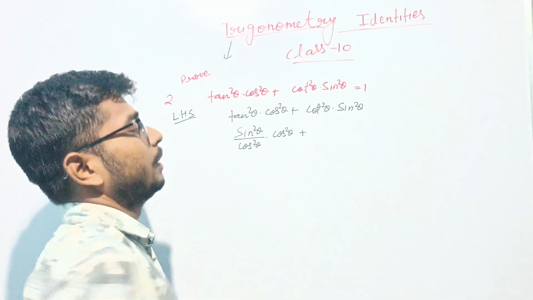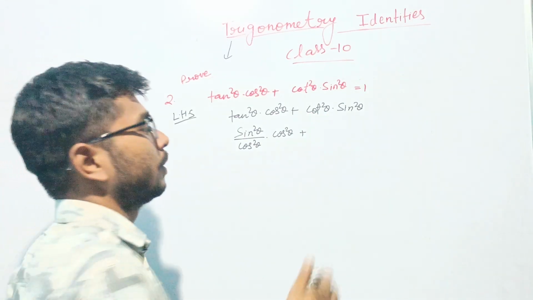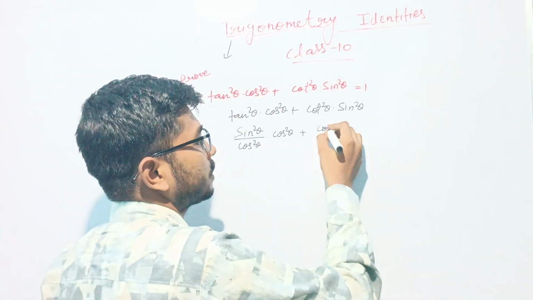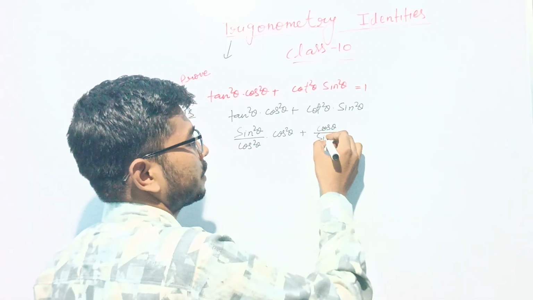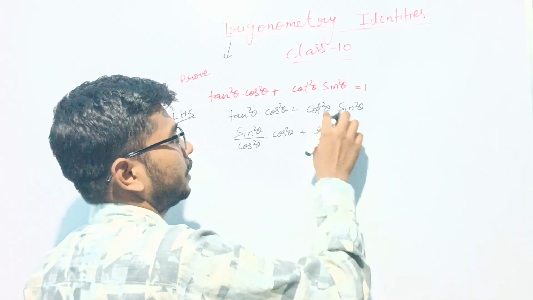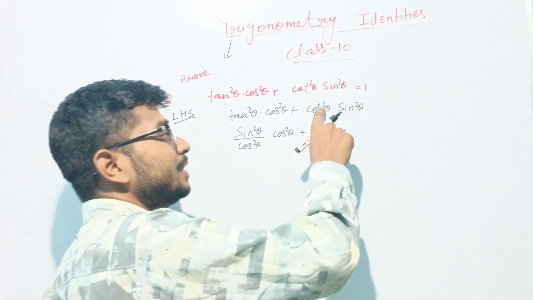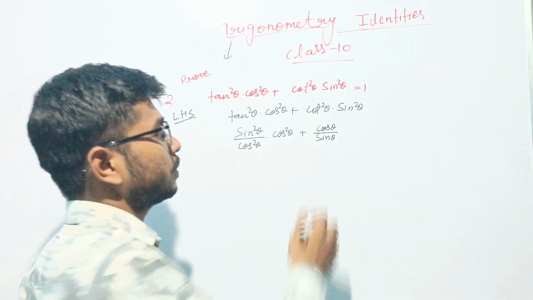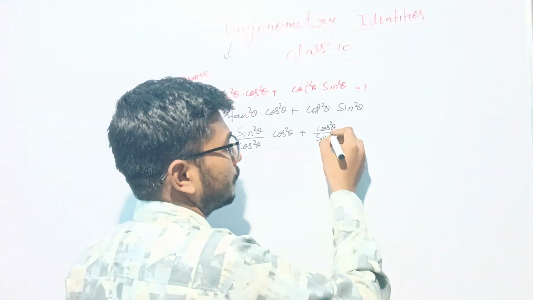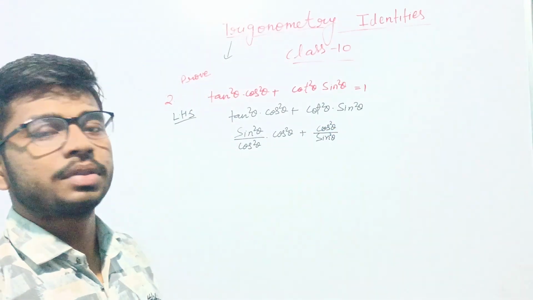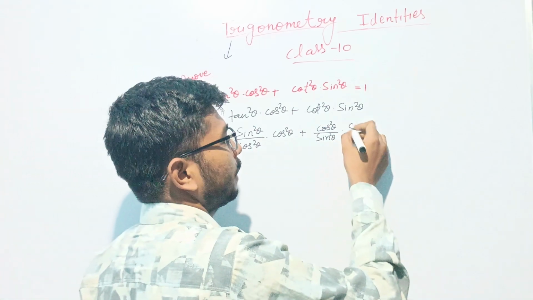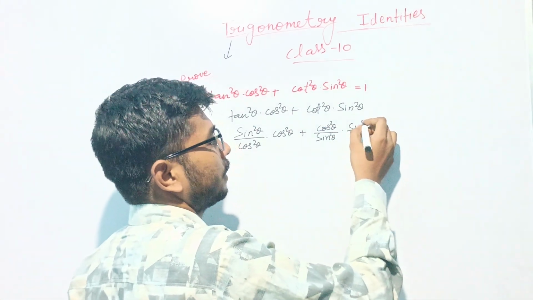cot theta is cos upon sin, but there is a square, so you have to write the square also: cos square theta upon sin square theta, and in the product there is sin square theta.